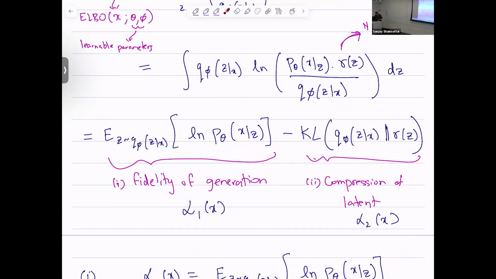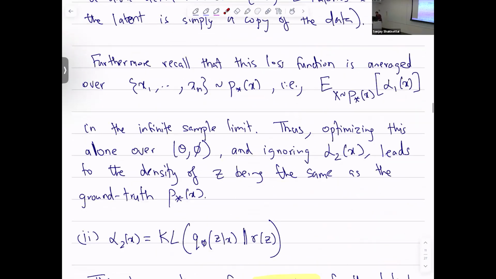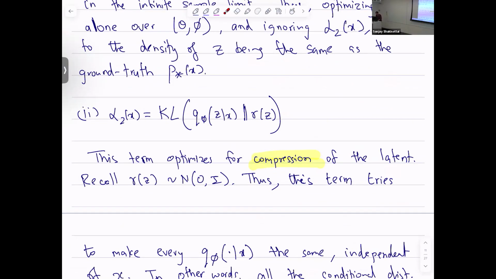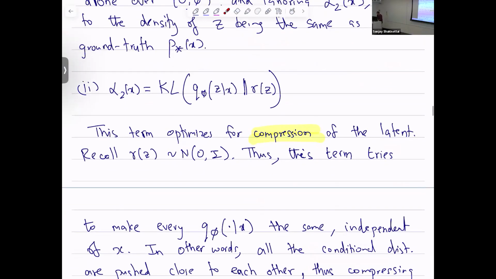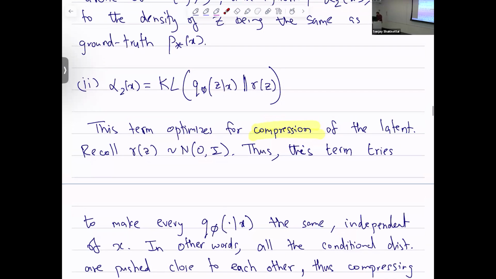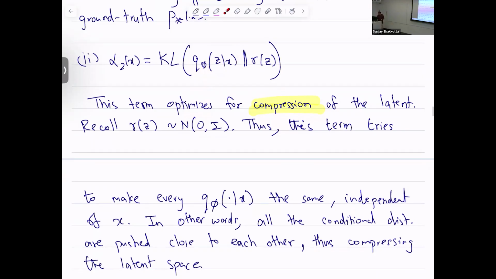The other term, let's see what it is doing. This is a compression term, meaning this is a Gaussian. This is always the same Gaussian. There's no x in it. This is a function of x. This is what we are trying to optimize, this phi. You want to make this as small as possible because of the negative sign, so you want every q phi of dot given x to be the same.